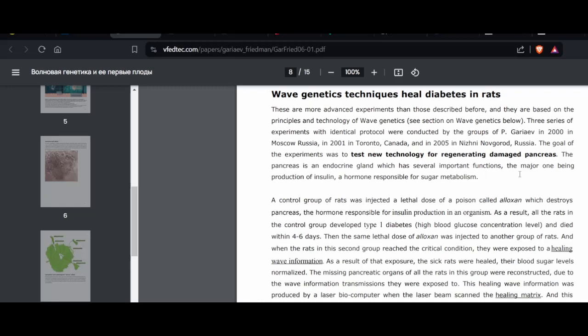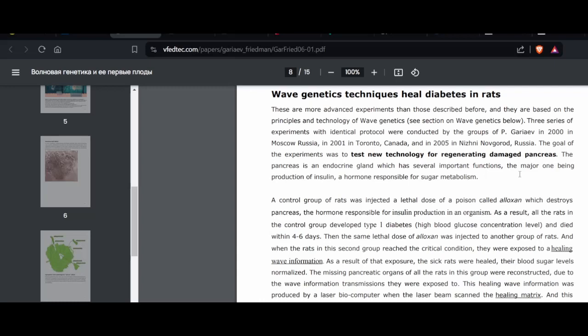Because we talked about how DNA has a sound associated with it, they record that sound file as the laser beam goes through the healthy cells. Record that sound. That becomes your healing wave information. You play that in front of your diseased rats, and somehow that sound wave conveys the healthy information of that healthy pancreatic cell to the diseased cell, and the cells heal and regenerate.